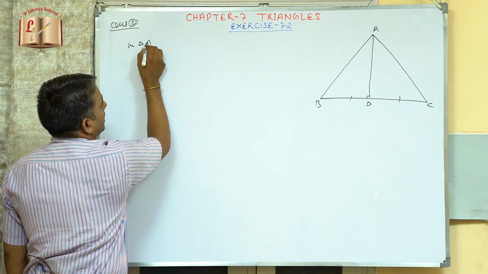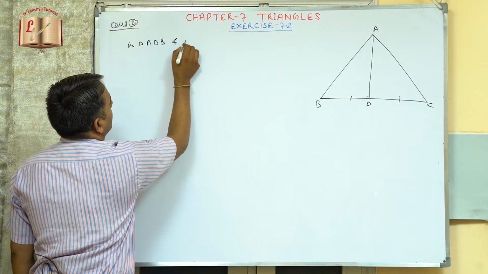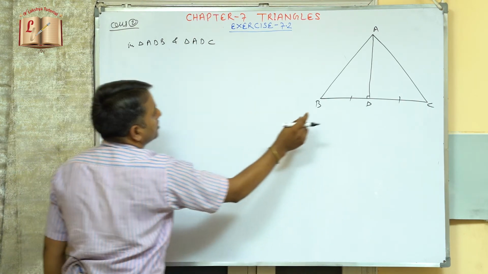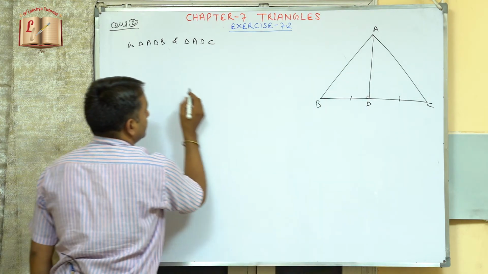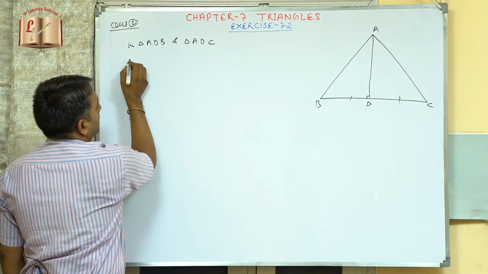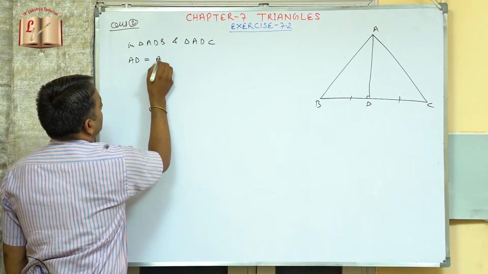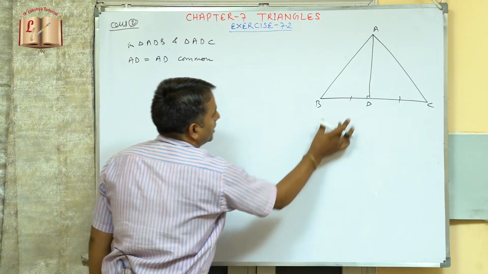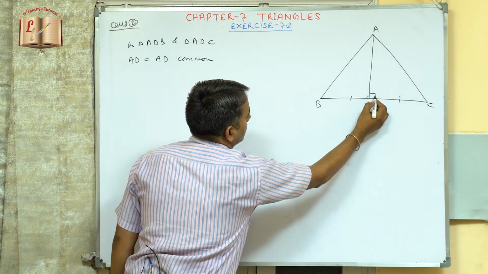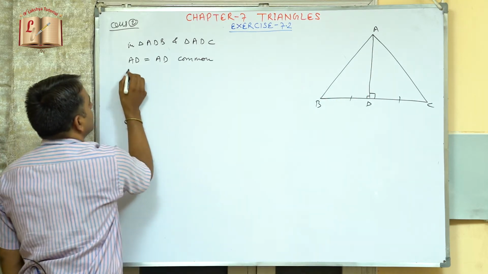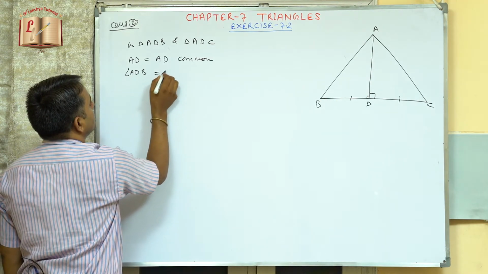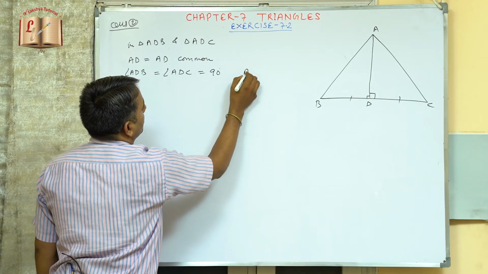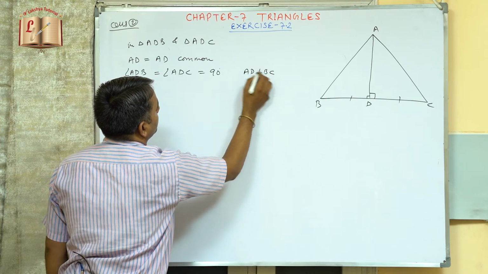So in triangle ADB and triangle ADC, we will take up these two triangles. Here AD is equals to AD, this is common, and angle ADB is equals to angle ADC is equals to 90 degrees because AD is perpendicular to BC.